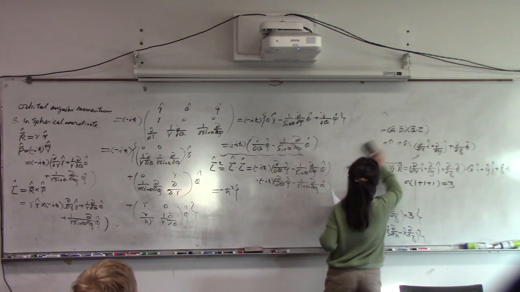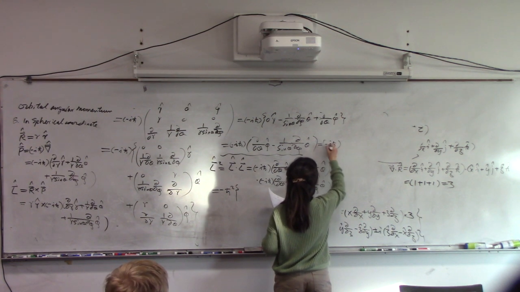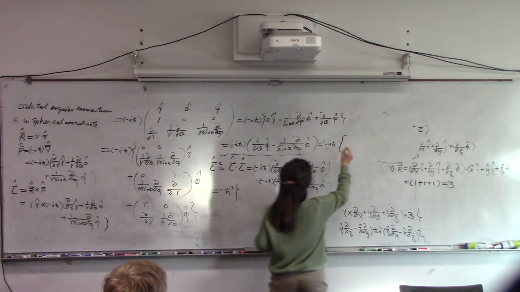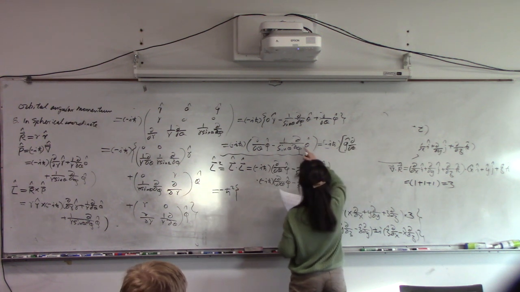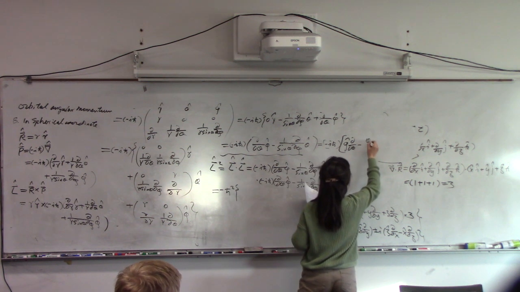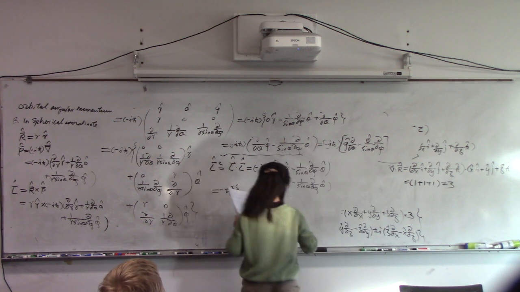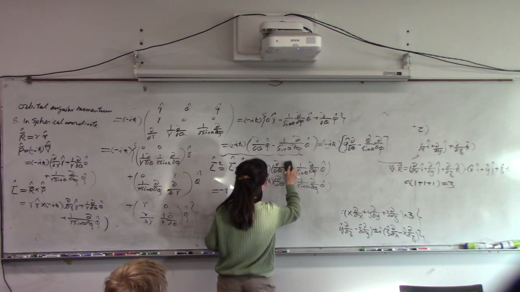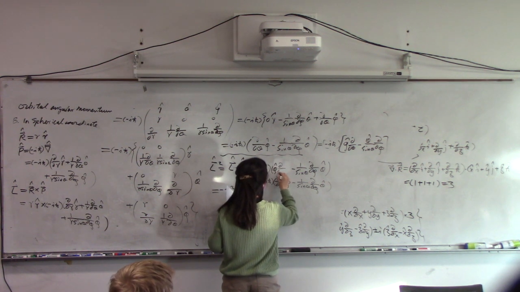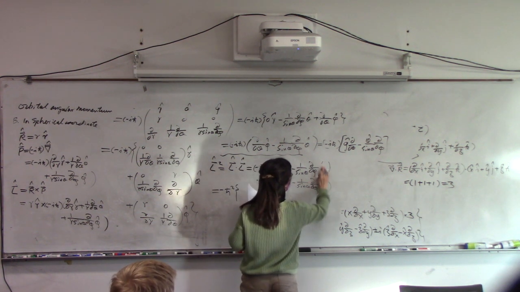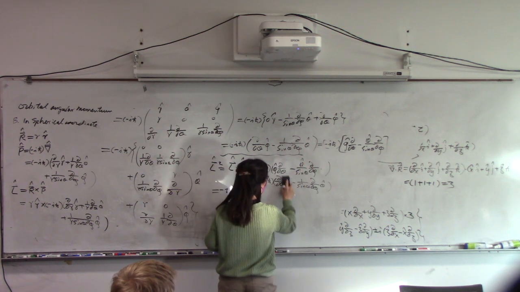Let me write this one this way, otherwise it may be confusing. This one is along phi hat, the phi hat with partial theta. Let me put the unit vector in front: theta hat, sine theta. Partial theta, this one just goes with theta hat.